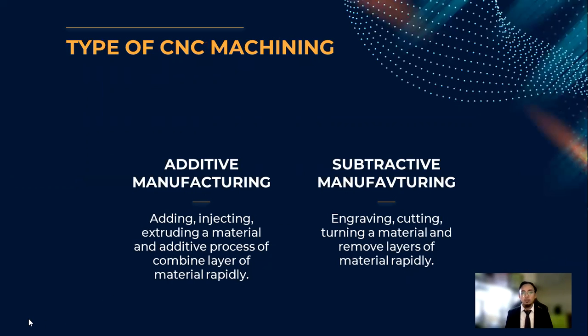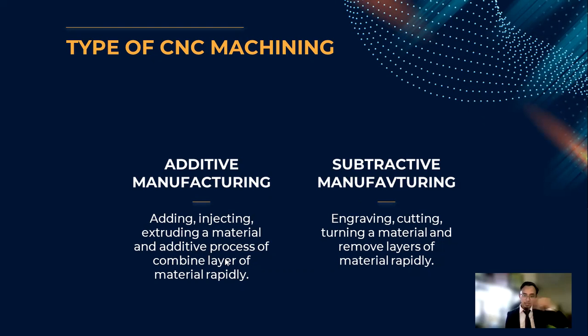Okay. So CNC machining has 2 types. The first type is additive manufacturing. The second type is subtractive manufacturing. What is additive manufacturing? What is subtractive manufacturing? Additive manufacturing is adding, injecting, extruding a material, an additive process of combining layers of material rapidly.